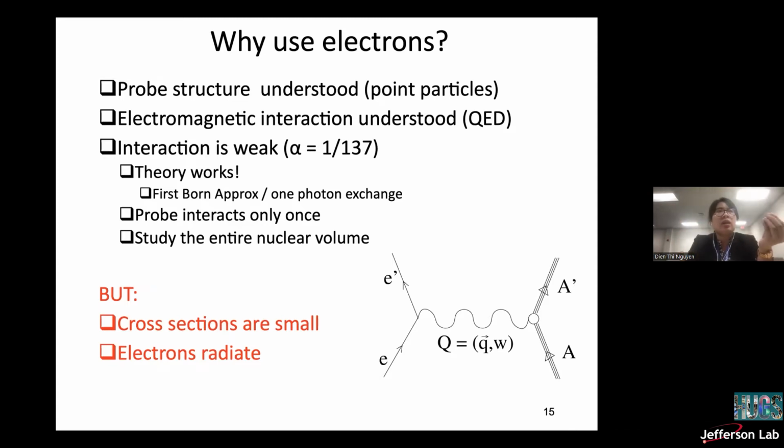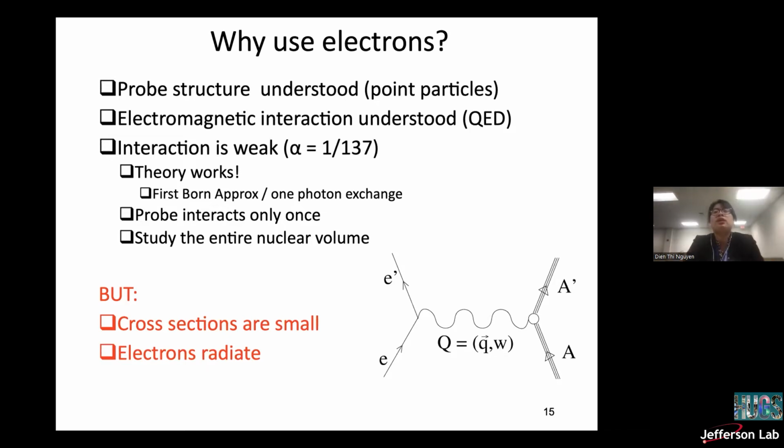Another thing is that we know the interaction of the electron with the nucleus is through virtual photon exchange. It is the electromagnetic interaction, so QED. So it's well understood, right? This is the most understood interaction so far.